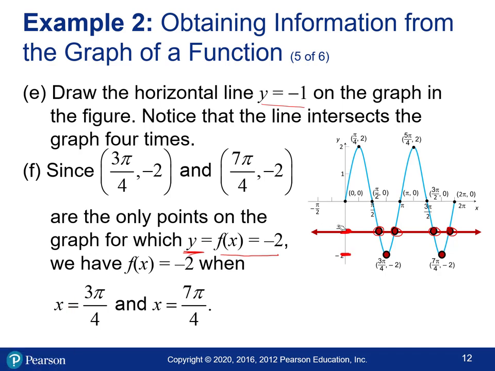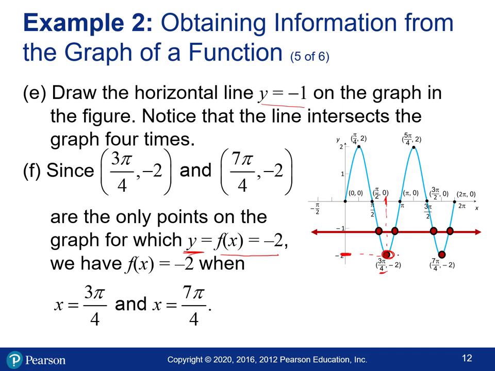So let me clear up some stuff from part E. Okay, so I say y is -2, f of x is -2, and then I find the point on my graph right here, and I go up and find the x value. And so this x number right here, it's actually labeled down below, but it's 3π/4.